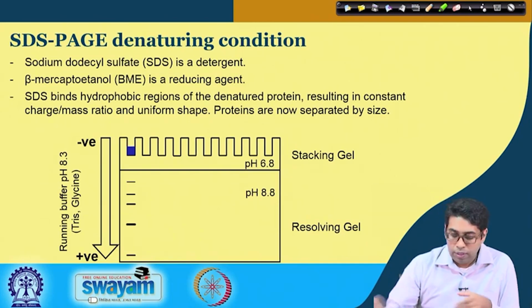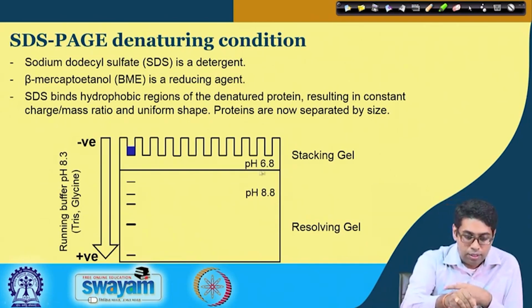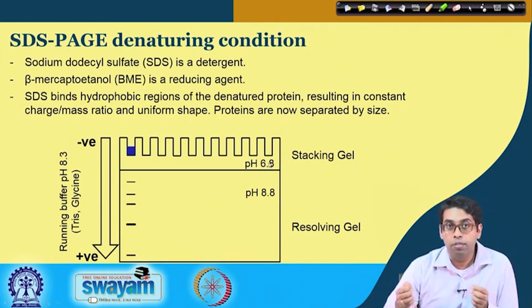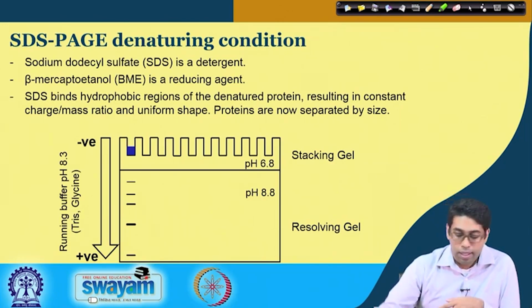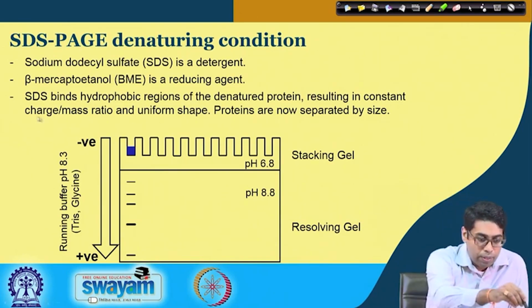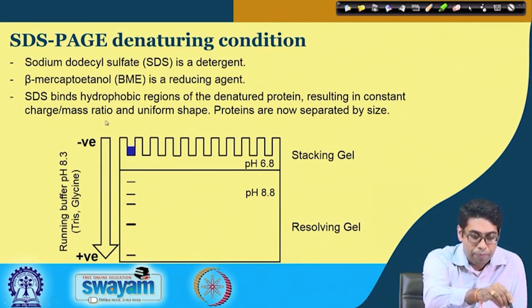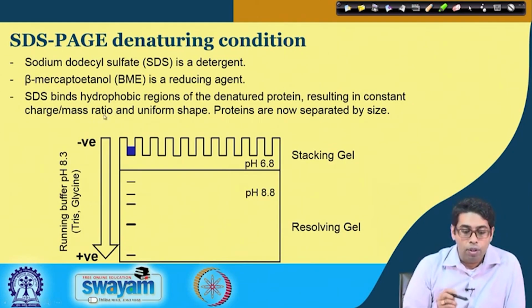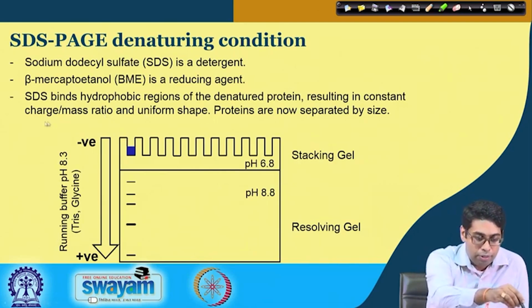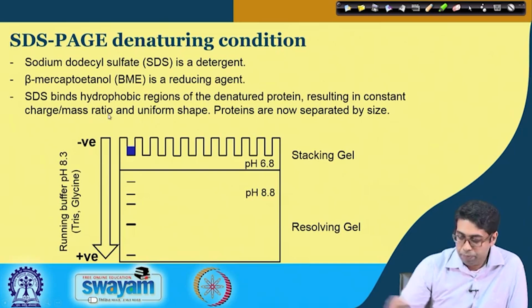At these conditions, all these proteins are denatured and they are uniformly coated with a negatively charged SDS, which means that all proteins have now been converted to negative charge, and it also ensures that all proteins have a constant charge to mass ratio, which means that these proteins will now be separated depending only on their size, because they have a uniform shape and a uniform charge to mass ratio.